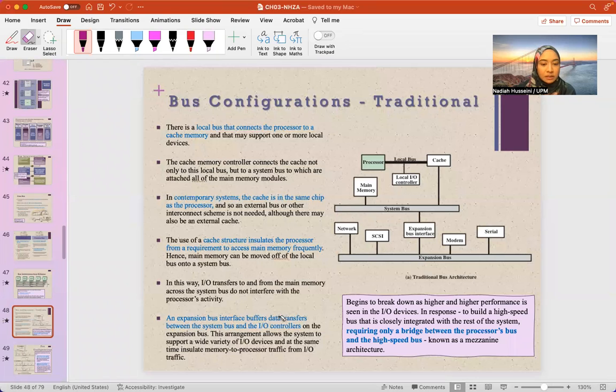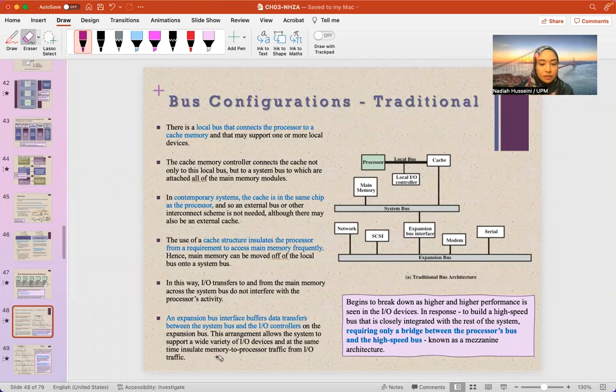An expansion bus interface buffers data transfers between the system bus and the I/O controllers. So here we have the expansion bus interface also acting like an insulator or a buffer between the system bus and the I/O controllers over here. The arrangement allows the system to support a wide variety of I/O devices. So here you can see that there are a lot of I/O devices.